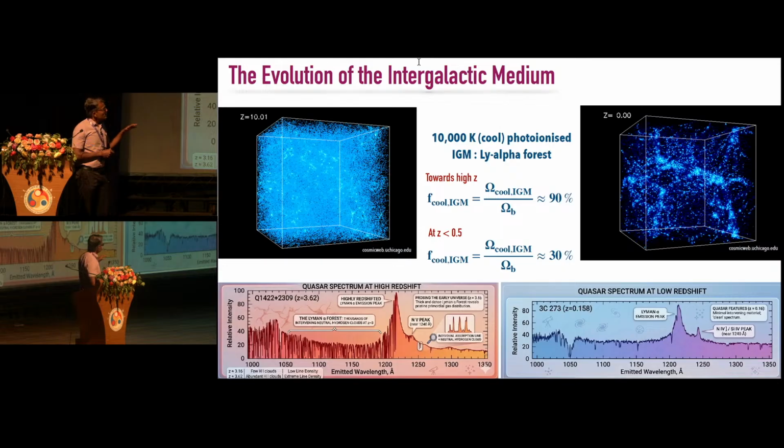So the Lyman alpha forest does thin down, and if one does a statistical survey, one finds that the amount of baryons that are entrapped within this cool photoionized IGM is roughly about 30%. So there has been a reduction in the amount of baryons that is present in the cool photoionized phase of the IGM, and one would expect in a very simple manner that the remaining baryons should have flown into galaxies as a part of structure formation. But as it turns out, that is not the case.